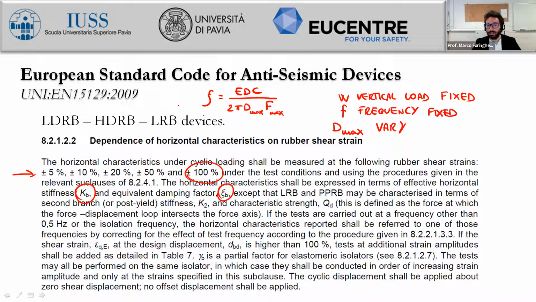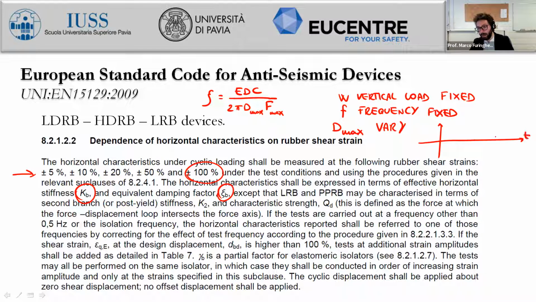And EDC, this is very important, shall be computed according to a single cycle. Maybe I didn't mention this, but it is very important: all the horizontal tests are performed under displacement control, and the input signal is a harmonic signal, and it is something like this.